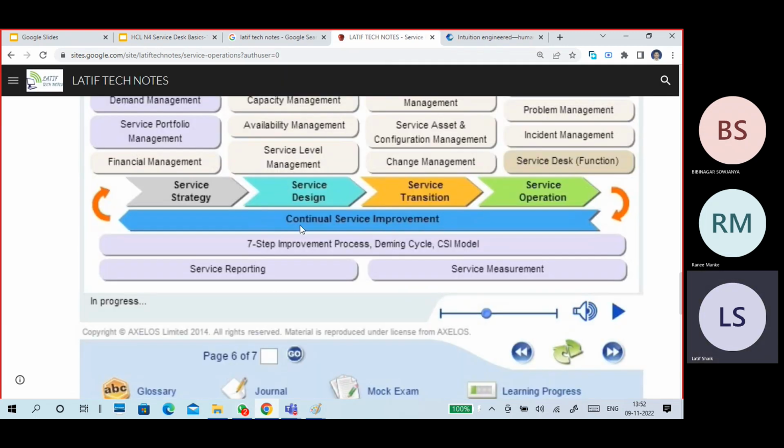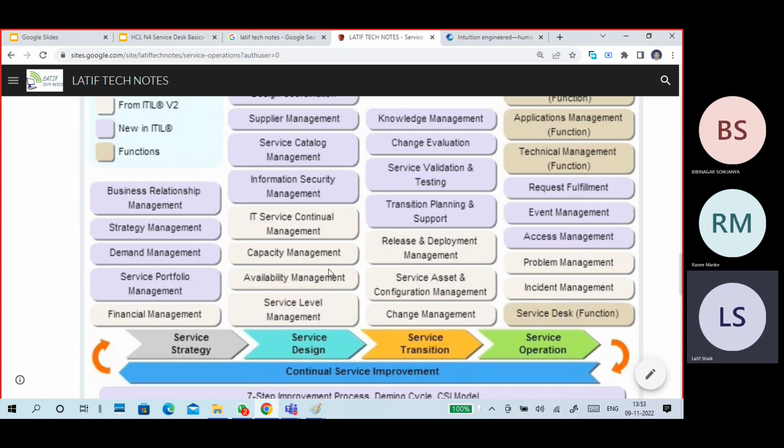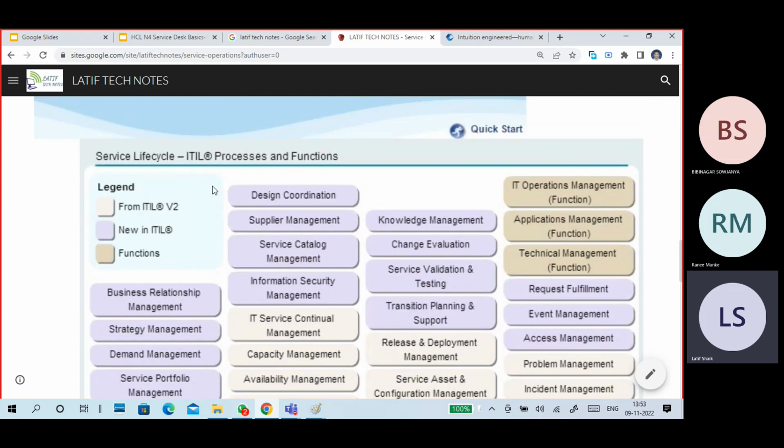That is the main point of continual service improvement. It has seven steps to improve the process: the Deming cycle, the CSI model, service reporting, and service measurement. This improvement process improves the individual life cycles and the overall performance of your ITIL life cycles.